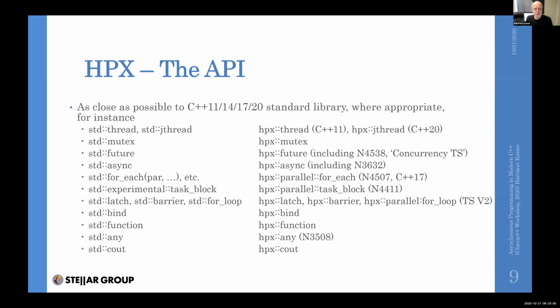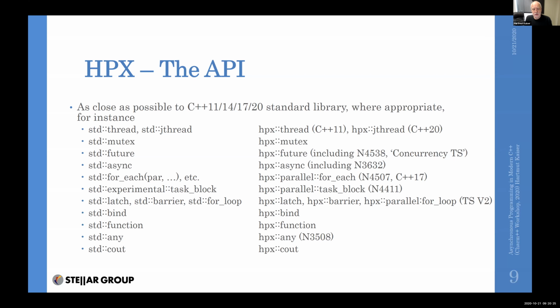Just as an example, what does an API look like? If you know the C++11 or newer standards, then you know about standard thread, mutex, future, async, and so on. And we have all these facilities available in HPX as well. And you might ask, why did we implement things like std function or std any again?